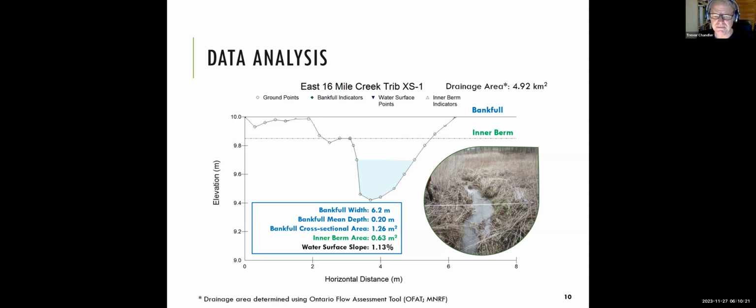You can see the inner berm feature that's a little lower there. We also measured bankfull mean depth, the inner berm area and the water surface slope. And then for this drainage area of just under 5 square kilometers, that was considered one data point of one of those 31 stations that we went to.